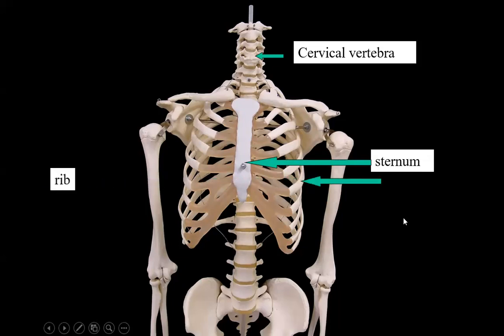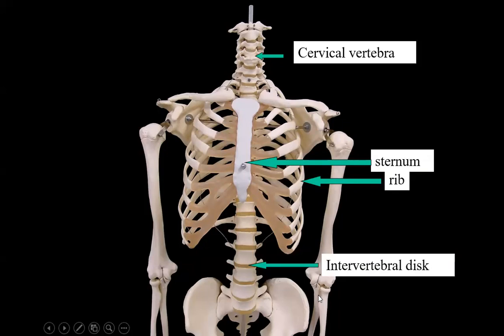So there's our ribs. Behind we have the cervical vertebrae here, and then directly underneath that we have 12 thoracic vertebrae and 5 or so lumbar vertebrae down here, these very large ones, followed by the sacrum and the coccyx.